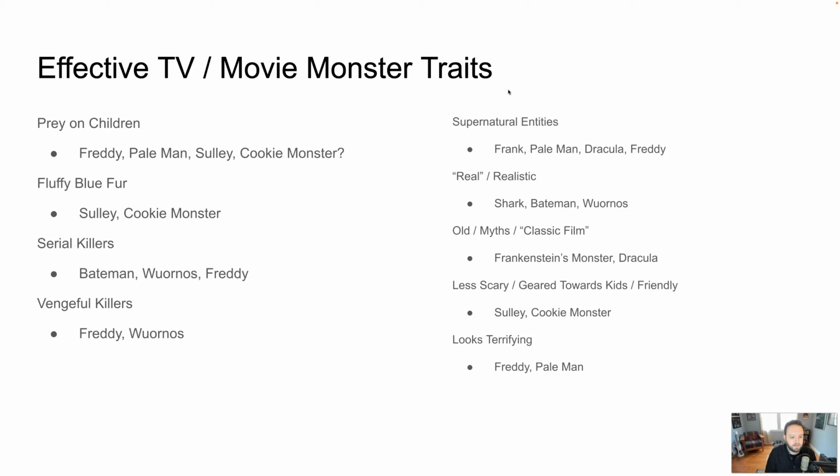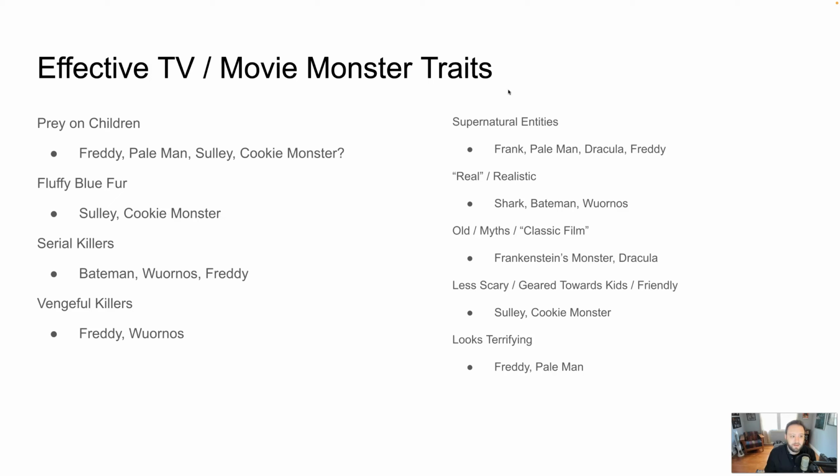And we're trying to come up with an idea, an argument, a claim about what traits effective movie and TV monsters have. So we're looking at sources. We're looking at monsters that already exist, and we're trying to make connections between them.